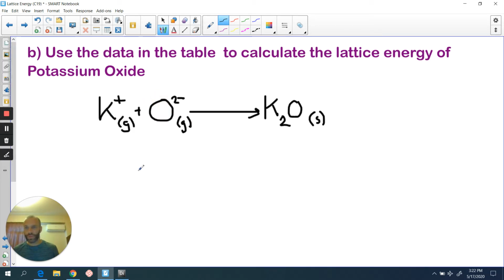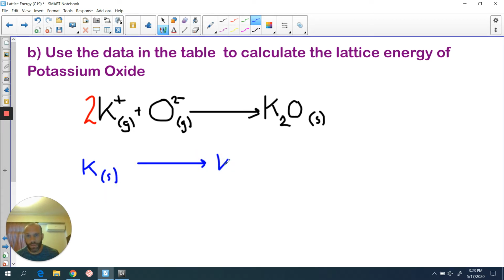So that's how I'd write out the formula. And then obviously you need to make sure you've got the correct quantities here, so we'll have 2 moles of that going in. If we break down what we'd have to do, first of all, you're going to have to take your potassium from its standard state, a solid, and turn that into its atomized state, which by definition needs to be a gas.